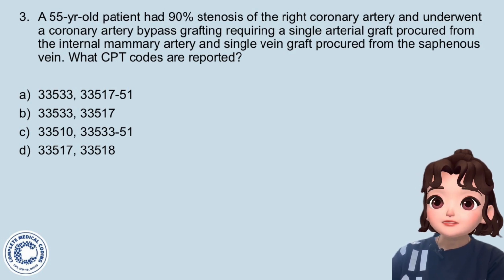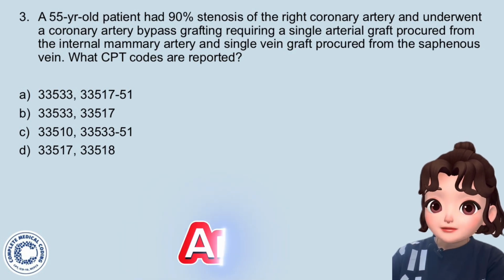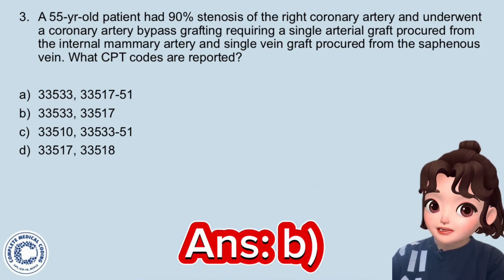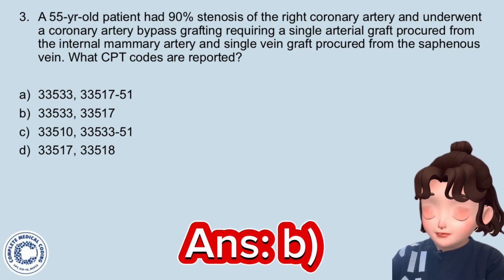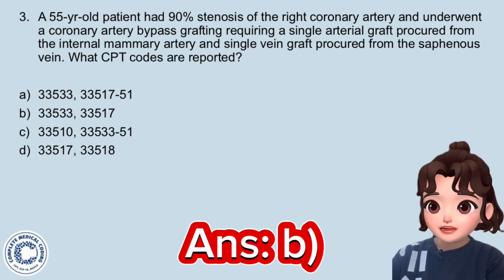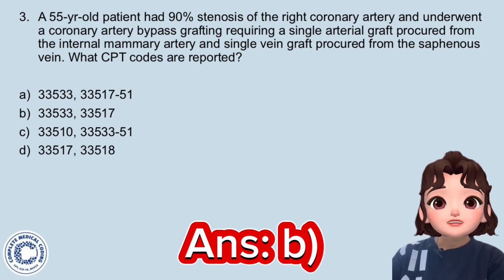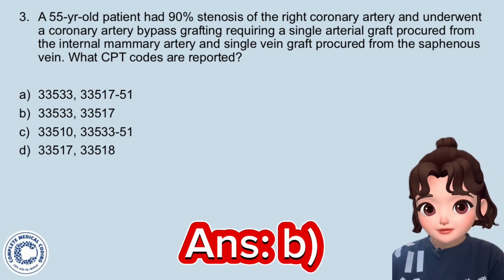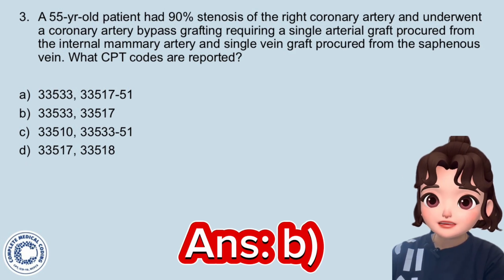So, as mentioned, you already got the correct answer. Option B, 33533 for coronary artery bypass, single arterial graft, and 33517 for single vein graft. Okay, no need to use any modifier 51 because this is not a multiple procedure. So, option A is incorrect. Option B is the correct one.